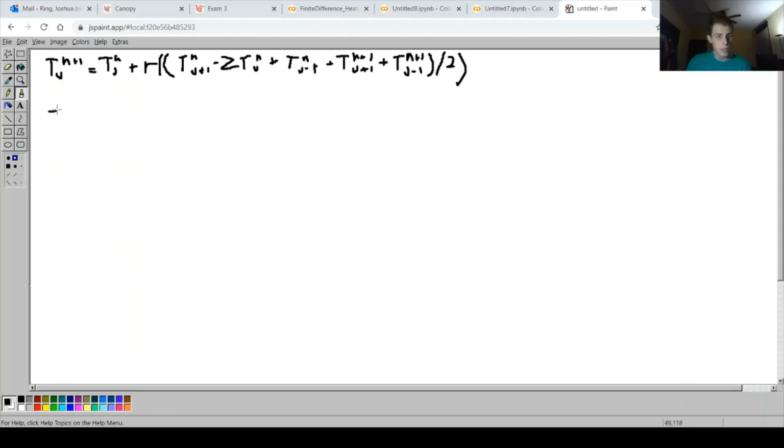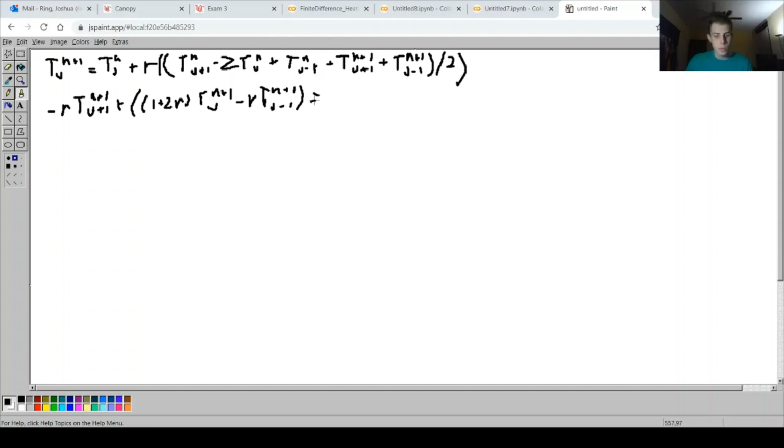So what we get is negative r being multiplied by T of n plus 1, j plus 1, and this is being added to 1 plus 2r, which is going to be multiplied by T to the n plus 1 of just j, and then that is being subtracted from r times T of n plus 1 of j minus 1.